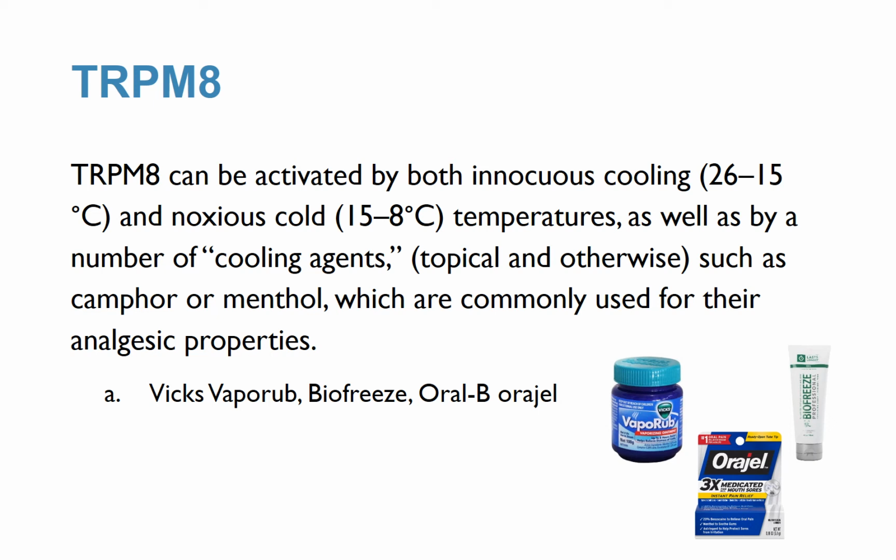But here are some examples of over-the-counter products that contain menthol, which we use to take advantage of for their kind of cooling and relaxing properties. Oragel for instance, also has some other ingredients in it that help ease that numbing effect, but menthol is also found in it as well.